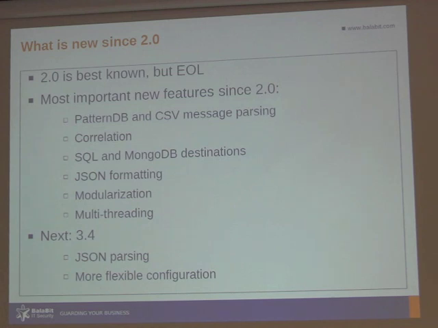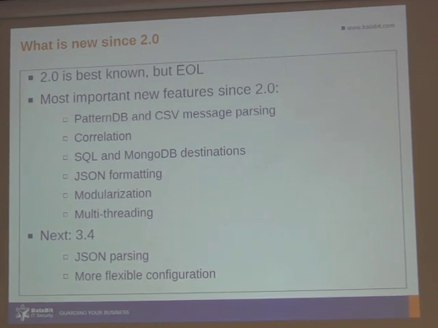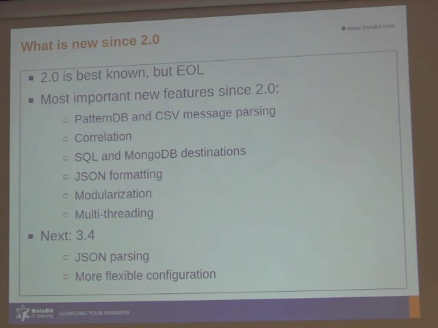One of the first is PatternDB and CSV message parsing, so we can see inside the message and analyze it. We can correlate messages. SQL and MongoDB destinations were also introduced after version 2. We now have JSON formatting, so name value pairs can easily transfer over the network.